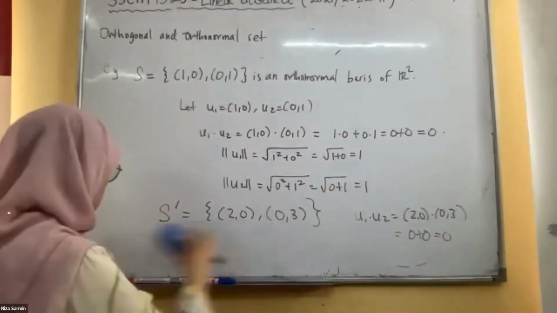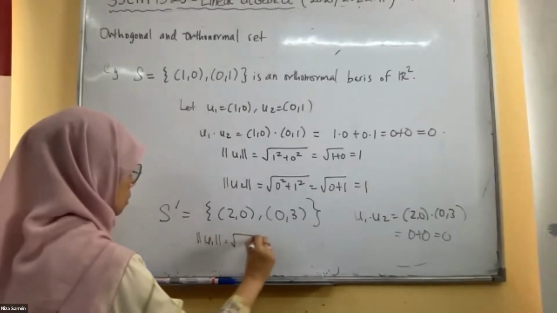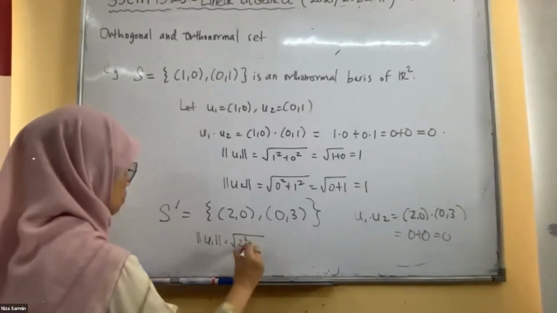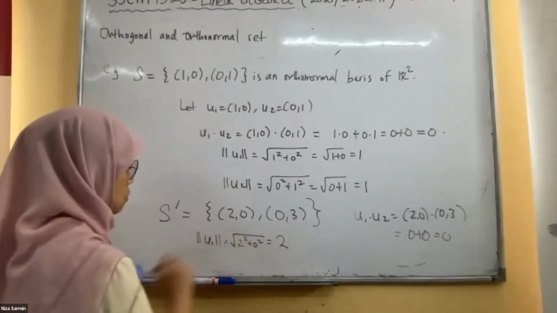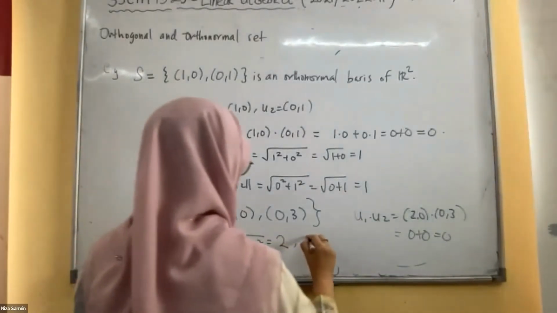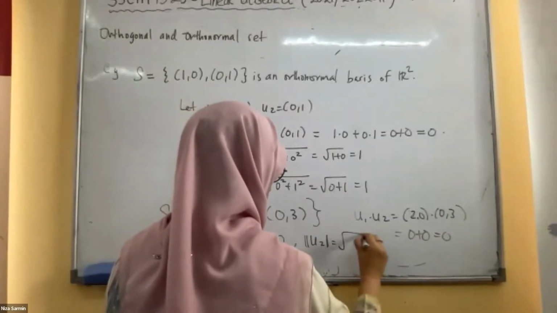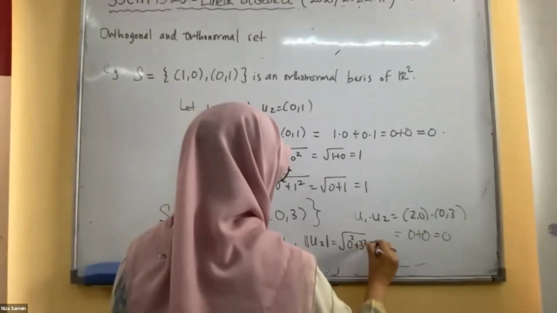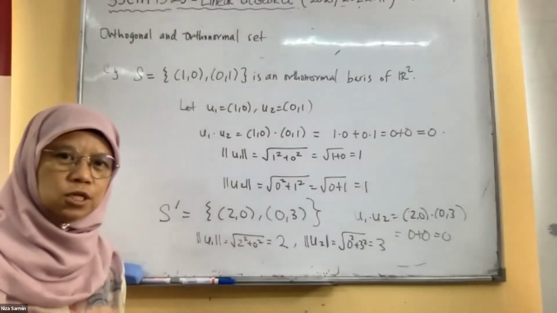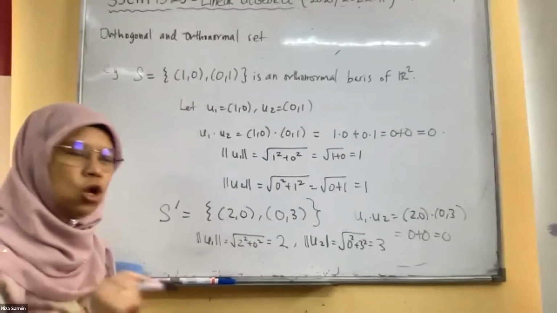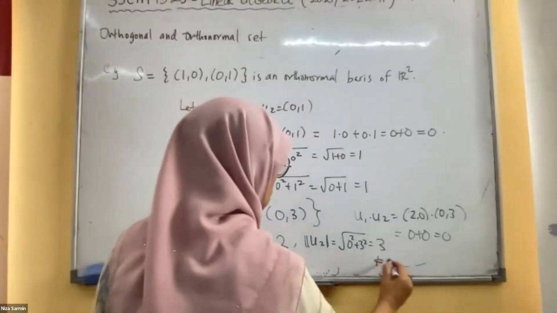Okay, this is not orthonormal because the square root of 4 is 2, and U2 is 3. So this is orthogonal but not orthonormal. You have to put not equal to 1, not equal to 1.